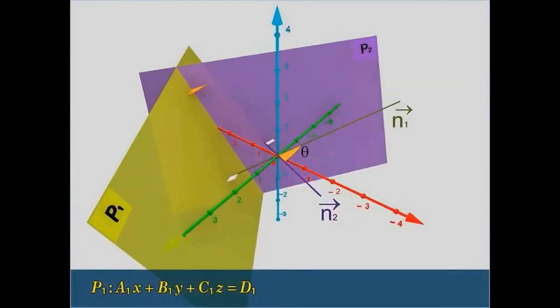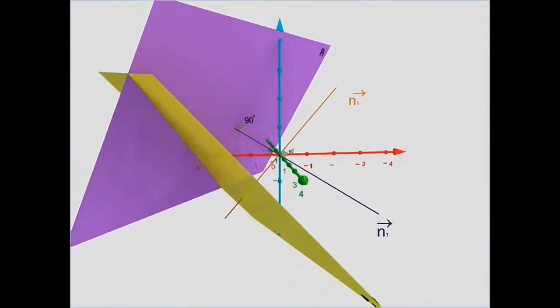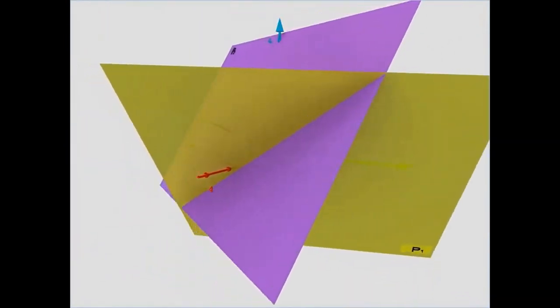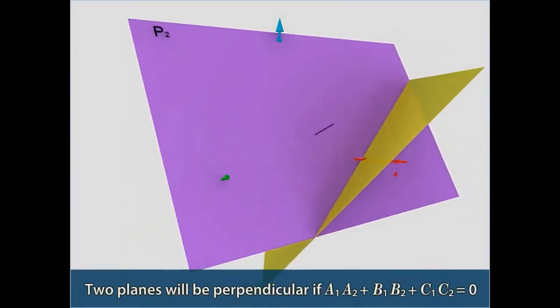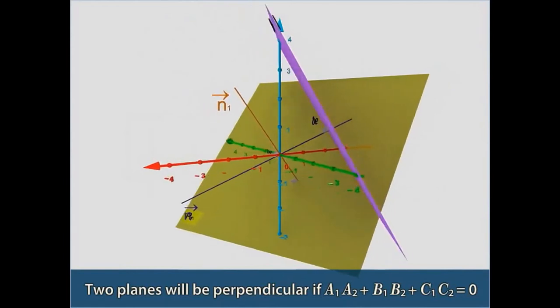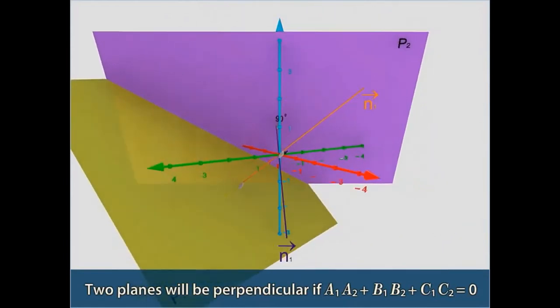Capital P1 represents A1 x plus B1 y plus C1 z equals D1 and capital P2 represents A2 x plus B2 y plus C2 z equals D2. Two planes capital P1 and capital P2 are perpendicular if capital A1 A2 plus capital B1 B2 plus capital C1 C2 equals 0.